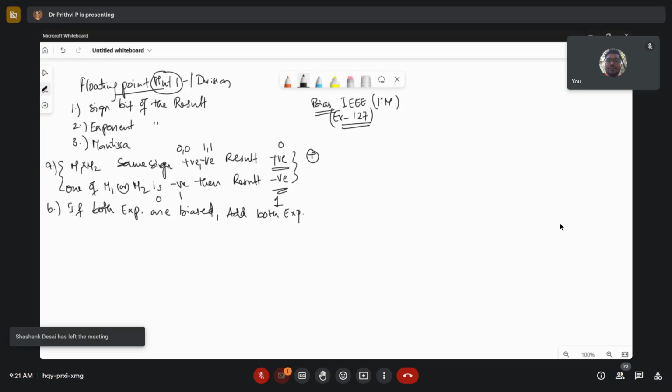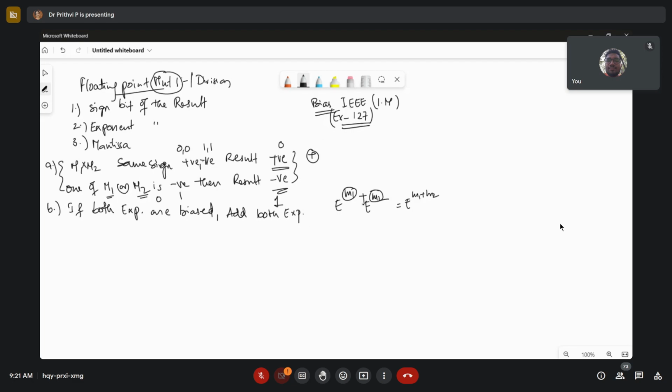Now when you are taking the multiplication, the resultant exponent of the product will be the sum of exponents. Say the exponent of m1 and the exponent of m2, we will be adding these two to get the resultant exponent. Every value we are taking, m1 and m2 separately, is already biased.